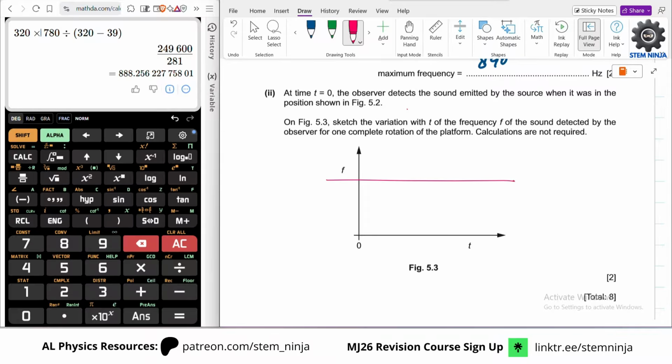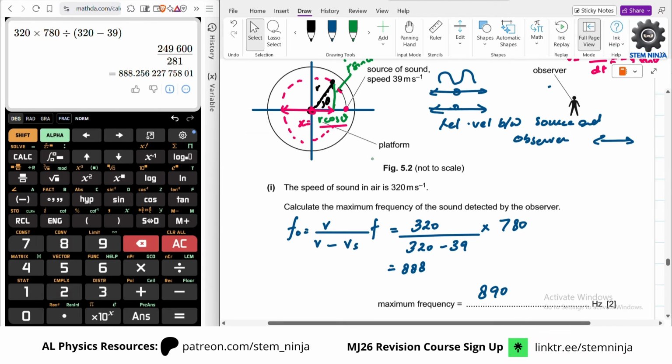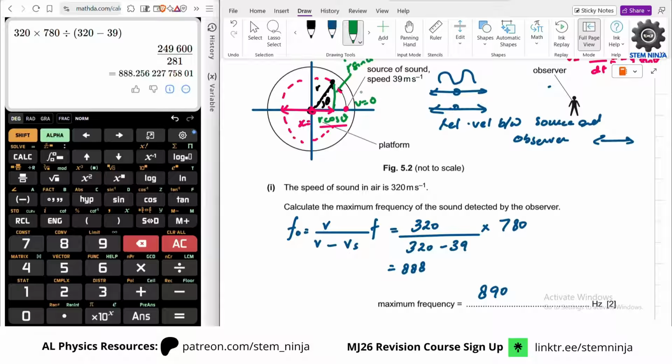So there is going to be a maximum frequency and a minimum non-zero frequency. Although we wrote this function as minus r sine theta, which means it is going to be like this, we can actually see this on the platform. At this point, the horizontal velocity is lowest.